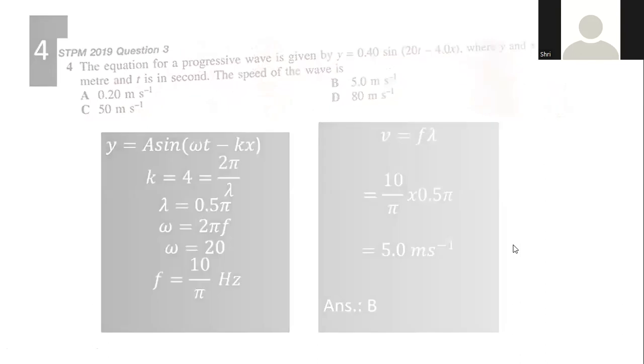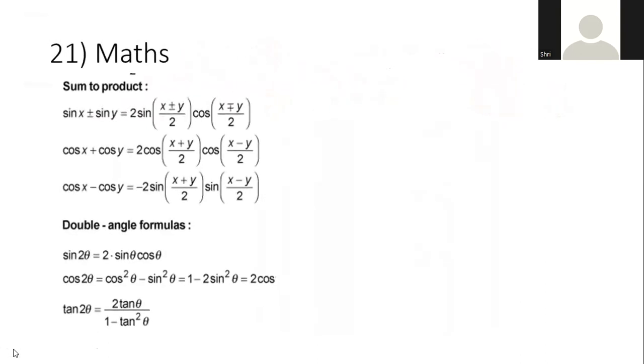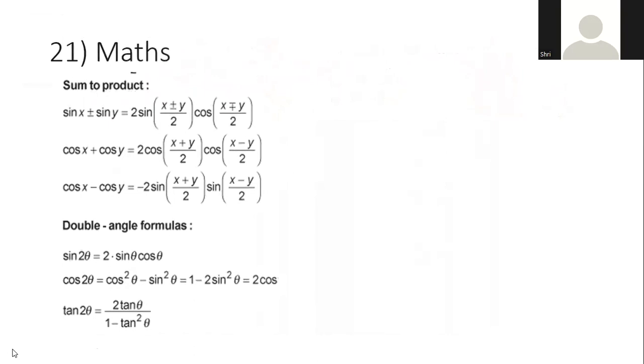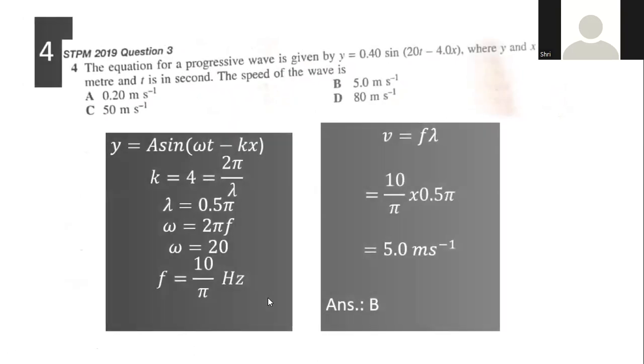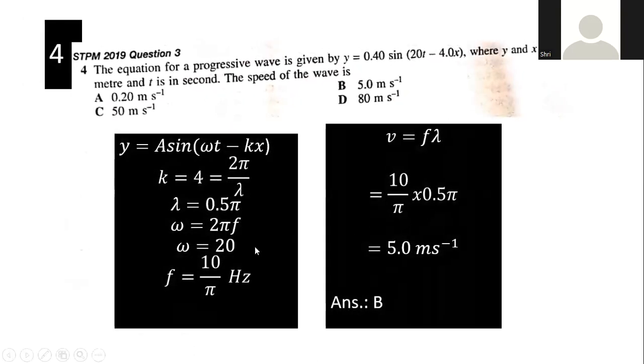Next one, you need to know where you get the 0.5 answer. Lambda is from here. There's your lambda. Don't convert it. Converting is unnecessary because the pi will cancel off.